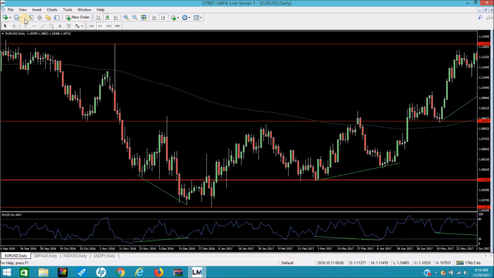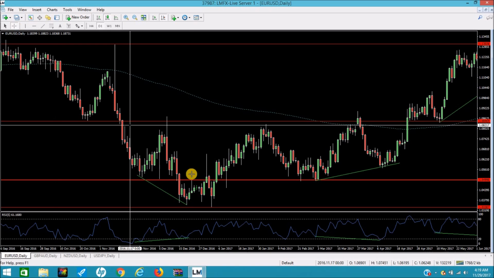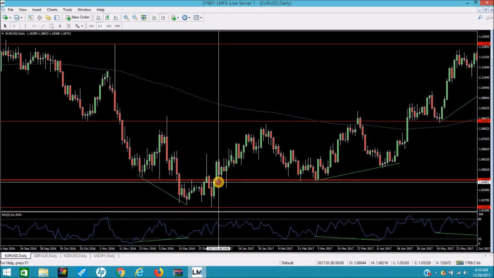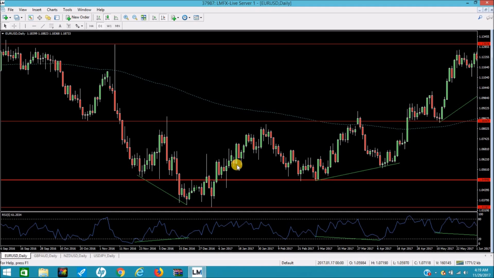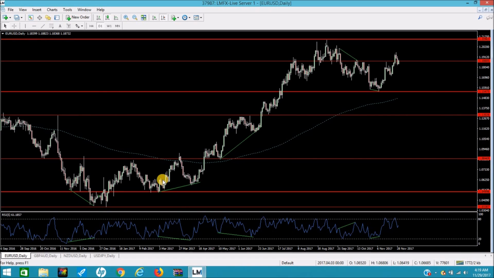From our entry to the bottom of that candlestick would have been maybe 30 to 40 pips tops. Like I said, the way I trade, you've usually got to have the patience.